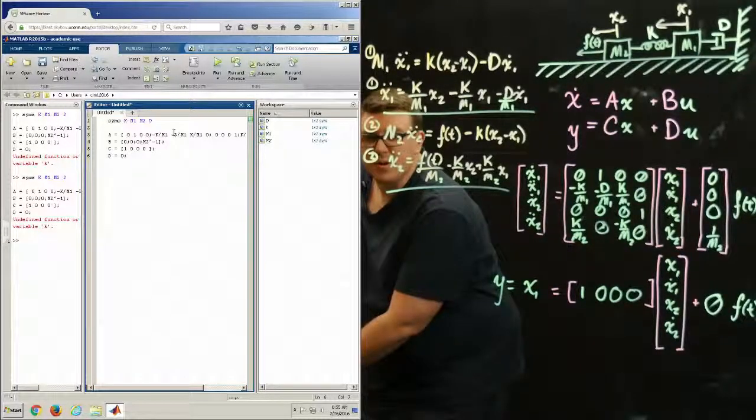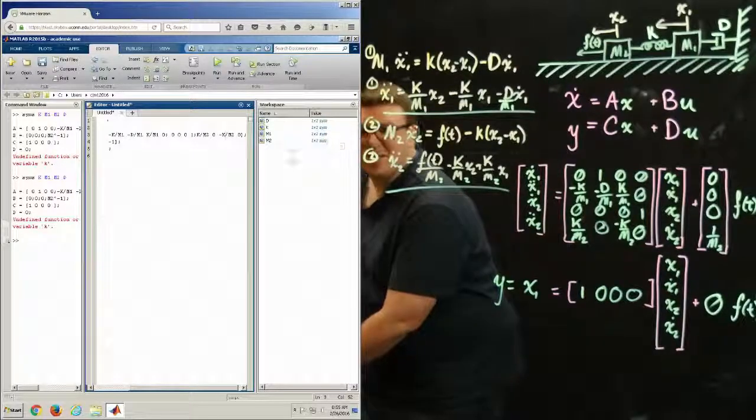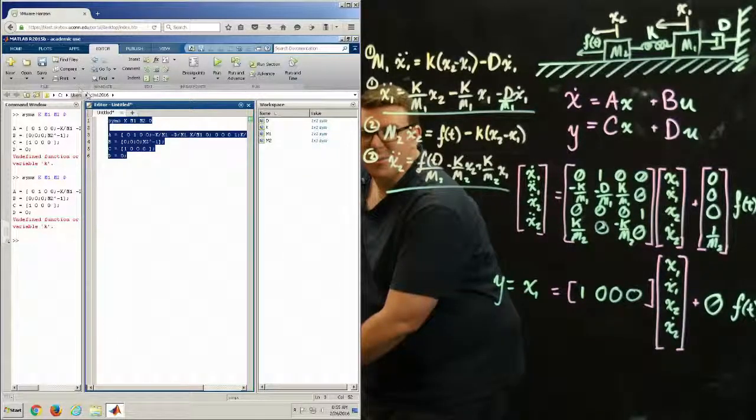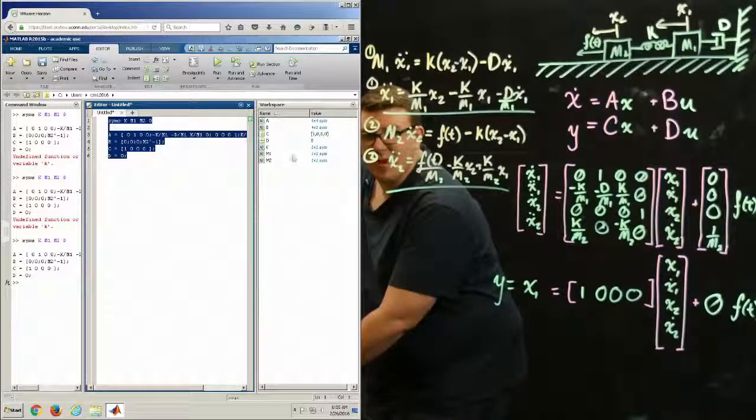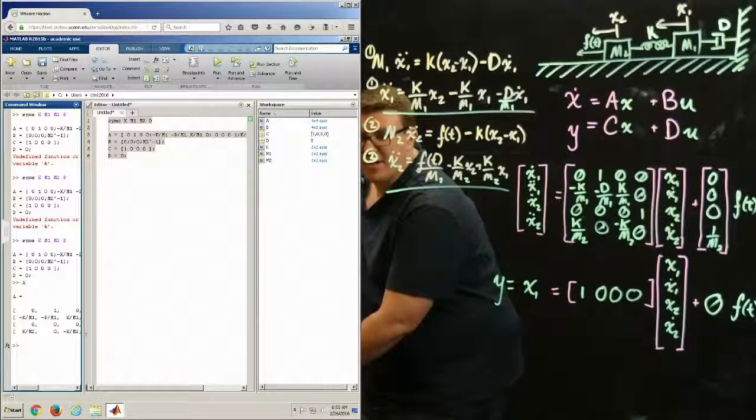Oh, I did it again somewhere. I said I wanted to make it a capital so that I wouldn't make these mistakes, and I make these mistakes anyway. Nobody's perfect. All right, so those loaded fairly nicely. If we print out A here, we have our matrix.